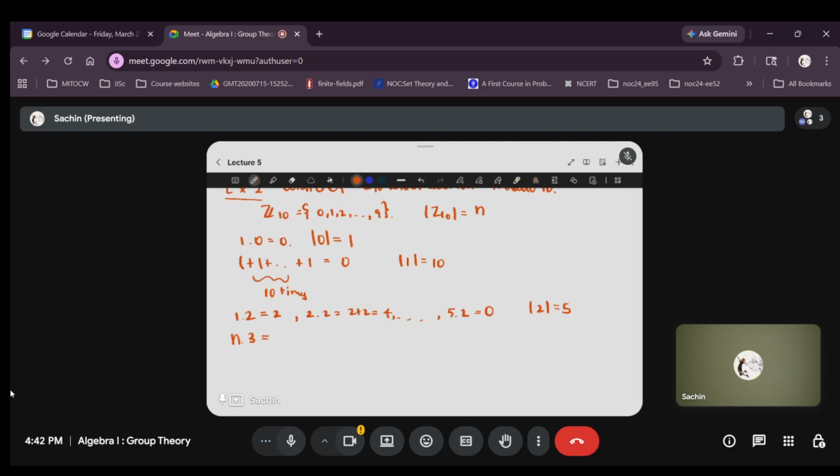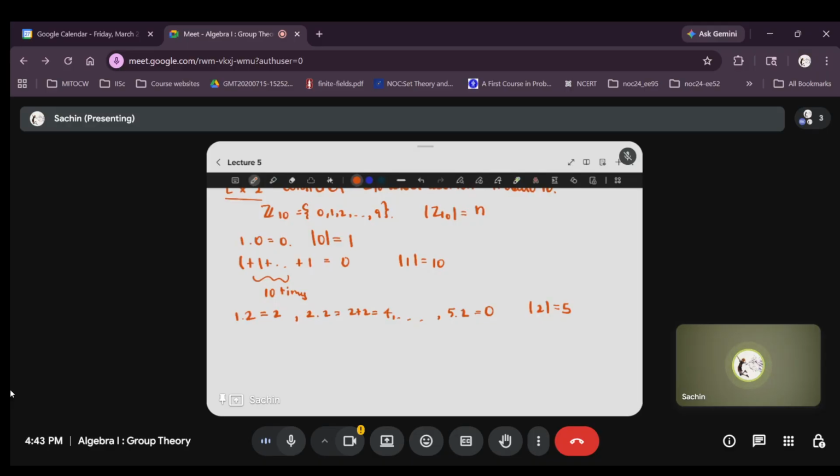If it's integers, we can do that, but this is modulo 10, so maybe not. So now 3, again, you have to add 10 times to get 30, which will bring it to 0. So I guess it works in this case also.